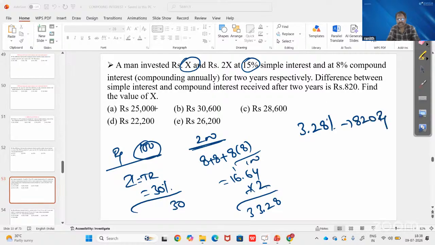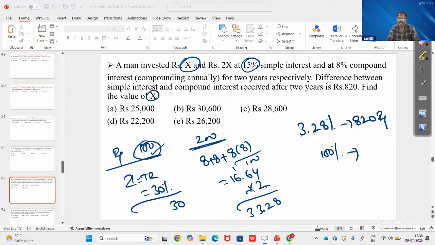Then we need to find the X value, where X equals 100. So 100 percentage will be equal to what? Do the simplification. In the 8 table we can cancel, but 8 table is not possible.